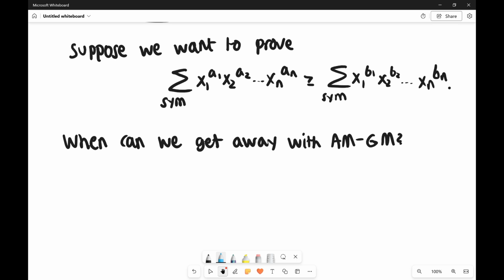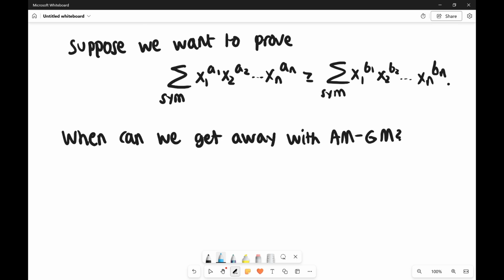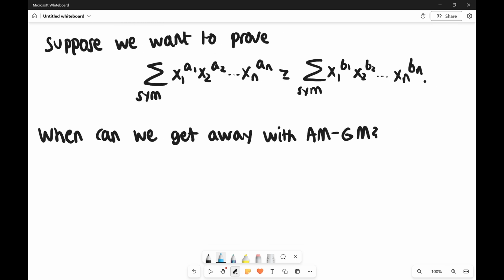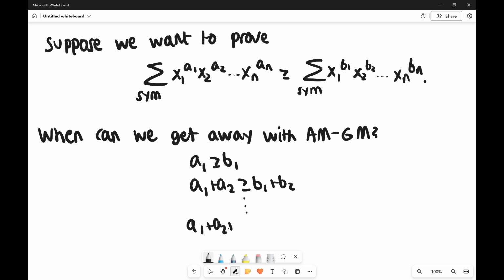Well, the theorem from Muirhead states that if you know that a1 is greater than or equal to b1, a1 plus a2 is greater than or equal to b1 plus b2, and so on, all the way to a1 plus a2 plus all the way to plus a(n-1) is greater than or equal to b1 plus b2 plus all the way to plus b(n-1).